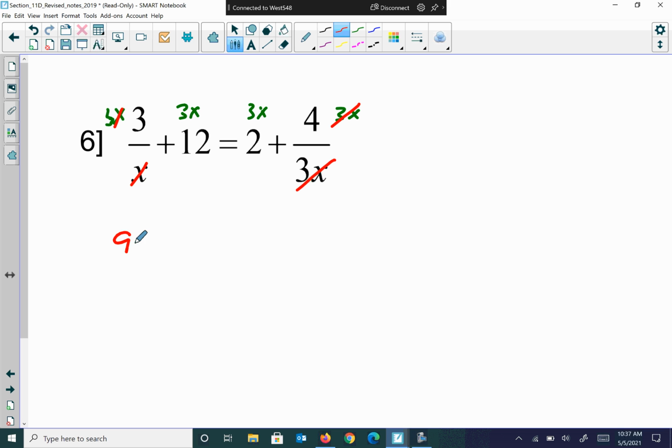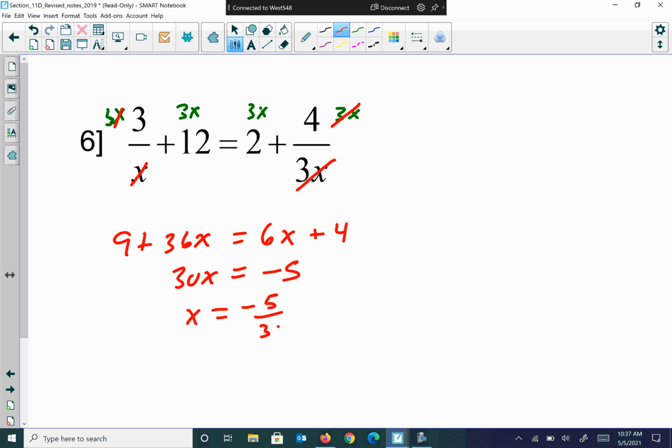So I get 9 plus 36x equals 6x plus 4. Only thing I'm worried about is x equals 0, but I don't know if it's going to happen. So I'm going to get 30x over here by subtracting 6x, and 4 minus 9 gives x equals negative 5 over 30. Reduce the fraction because we learned how to do that a long time ago. x equals 1/6. Perfect. Does everyone understand why I can't cross multiply on that one?